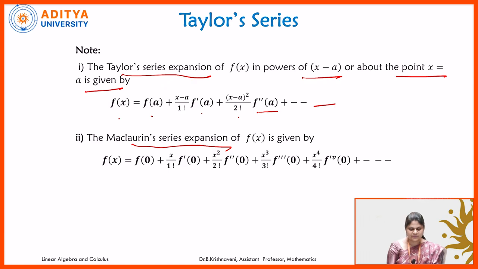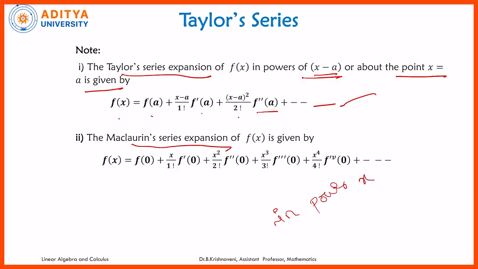From this we get the Maclaurin series by taking a = 0. That means we get the series of f(x) in powers of x, or about x = 0, given by f(x) = f(0) + x/1! f'(0) + x^2/2! f''(0) + and so on.